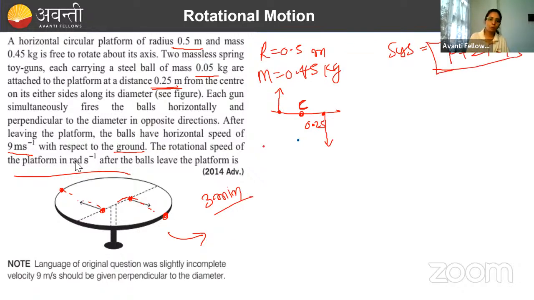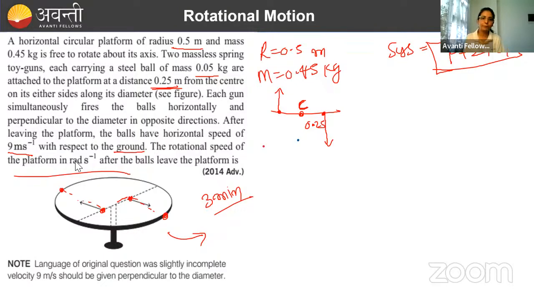Now if I have made them a system, it means what is happening inside them is the internal thing, and what happens outside them will be the external thing. So here, what is happening? Toy guns are getting fired. So this is an internal phenomenon because toy gun and platform together constitute a system. So वो दोनों ही मेरे system के अंदर आ रहे हैं.